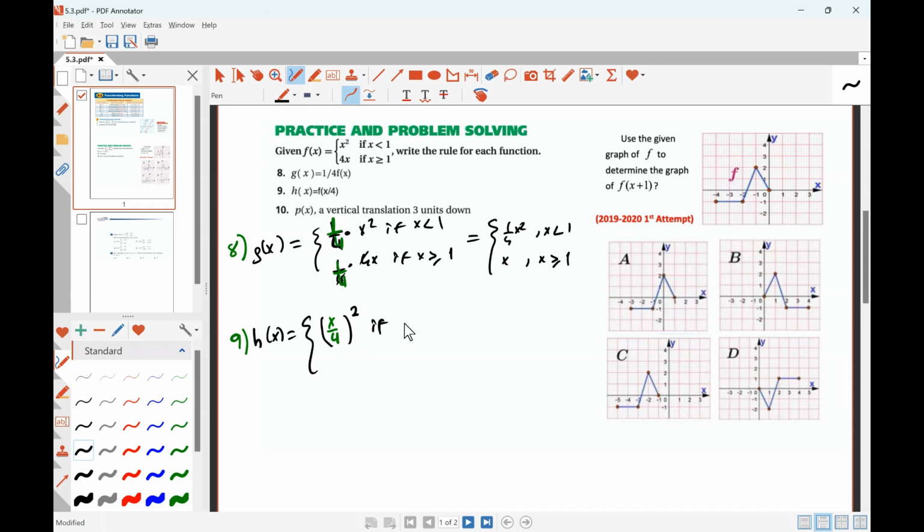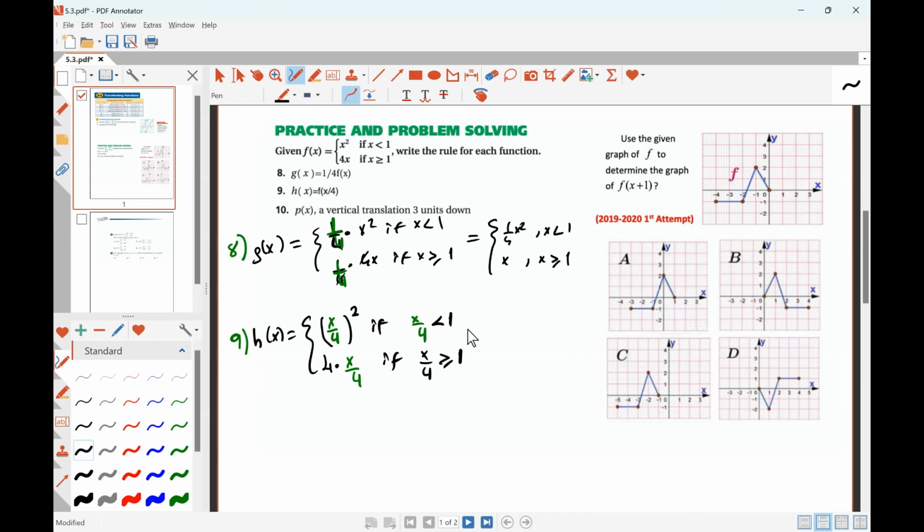If x over 4 is less than 1, this is the first part. Second part, 4 multiplied by x, which is x over 4, if x over 4 is greater than or equal to 1.